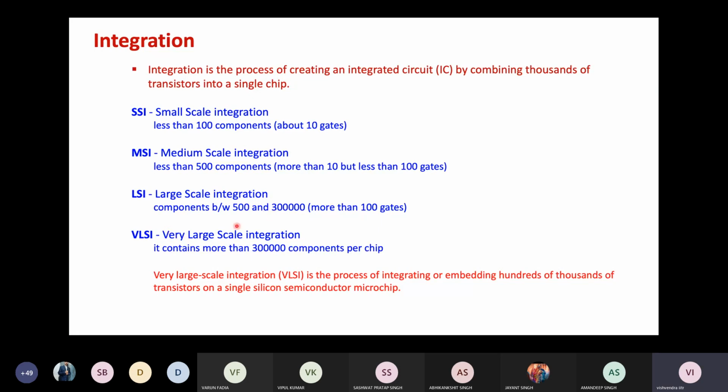And then came VLSI, where we have about a million or even multi-million transistors on a single chip. It is also an engineering achievement to be able to make this number of transistors on a single chip. Nowadays, more than a billion transistors are there on a single chip. Okay.